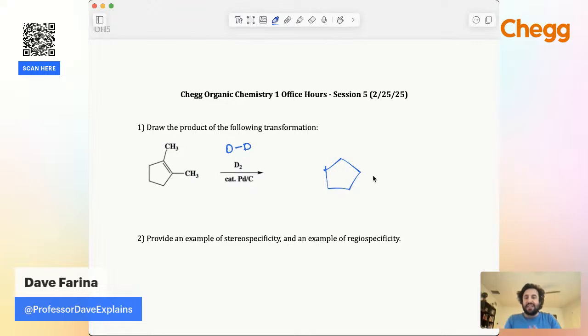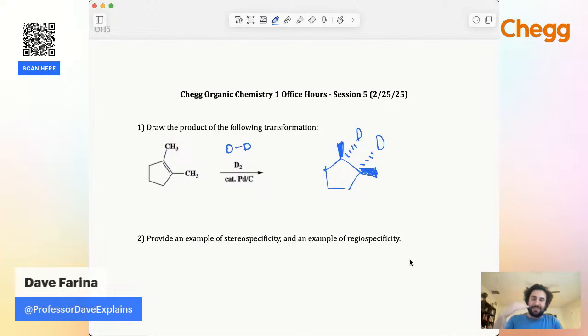So if there is a syn addition, they will be cis to one another on the product. And so let's just say that ends up looking like this. So the methyl groups, so here is D, here is the other D. We could have drawn deuterium on the wedges and the methyls on the dashes. That would actually be the exact same molecule.